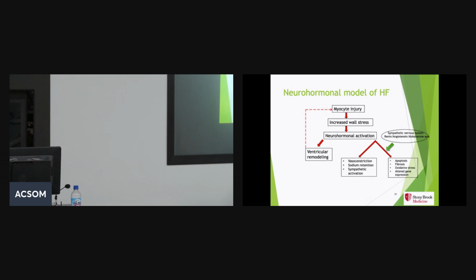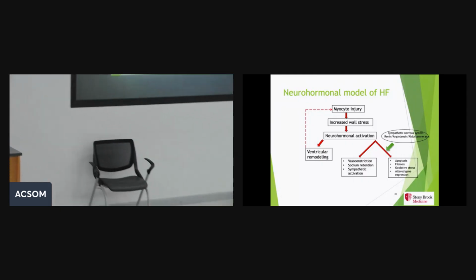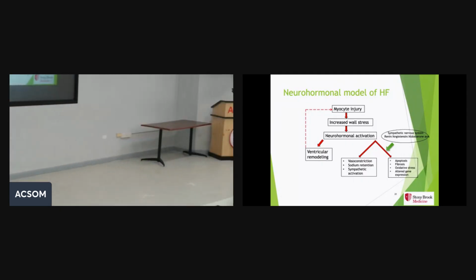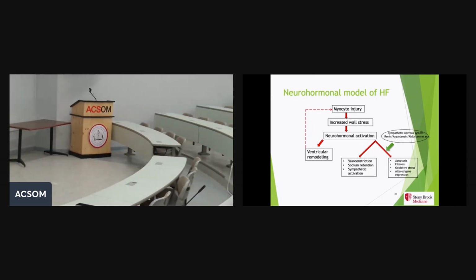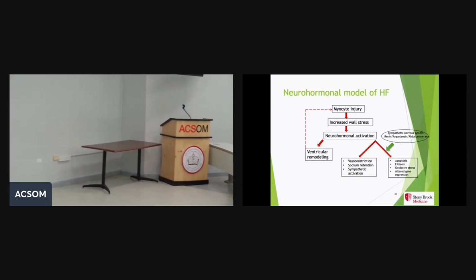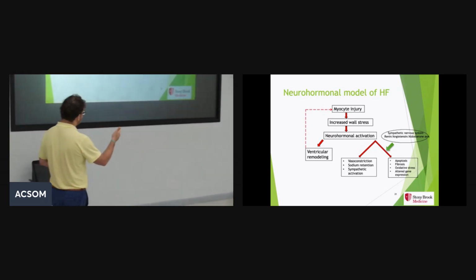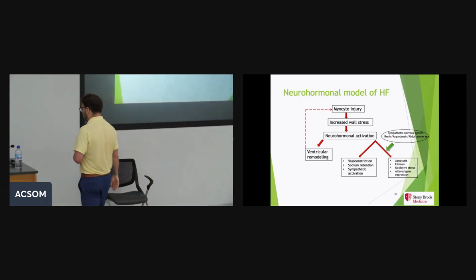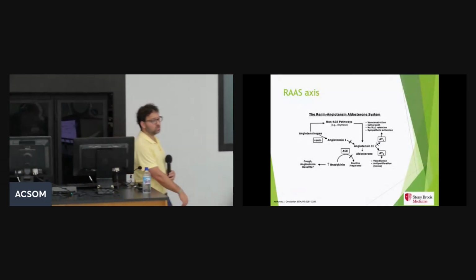They get volume overloaded, and then they come in decompensated. Okay? So, vasoconstriction, sodium retention, sympathetic activation. We want to block every single one of those pathways because it leads to apoptosis, fibrosis, stress, and ultimately altered gene expression.